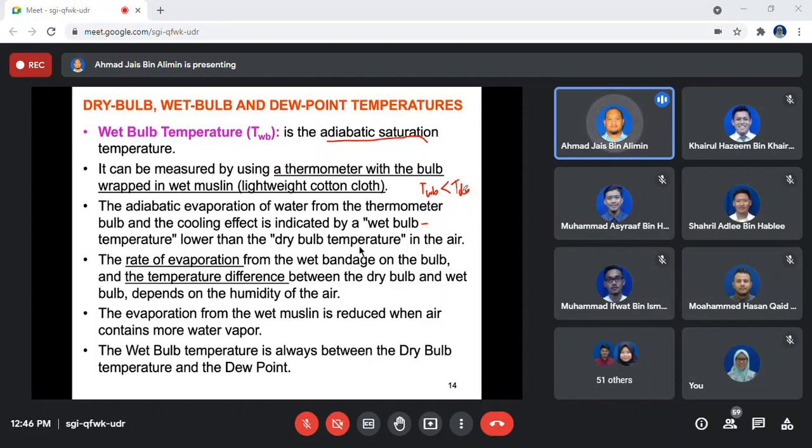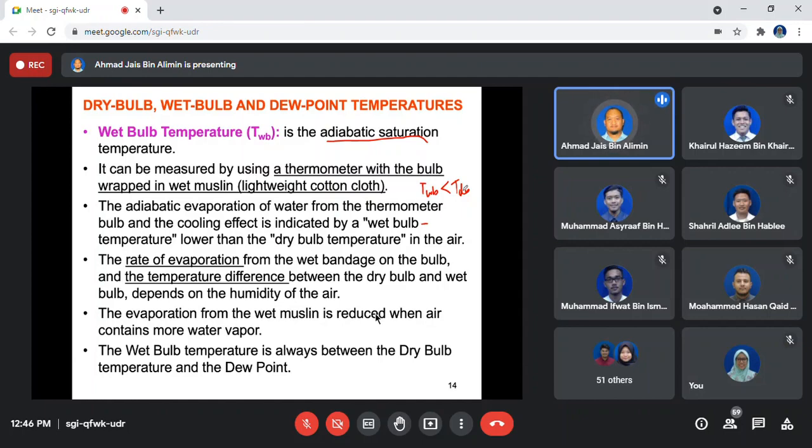The evaporation from the wet cloth is reduced when air contains more water vapor. If the surrounding atmospheric air contains a very high amount of water vapor, then the wet cloth cannot evaporate as fast in comparison to when the atmospheric air is nearing dry air conditions. Udara kering lagi cepat untuk dia menyejat.